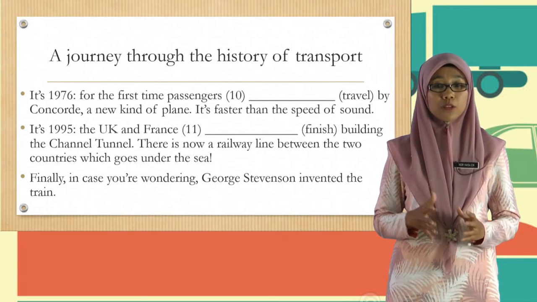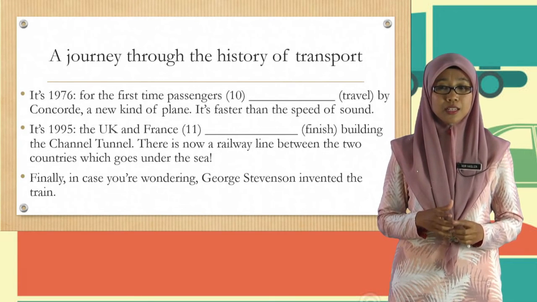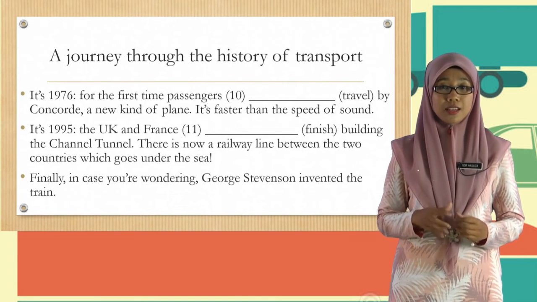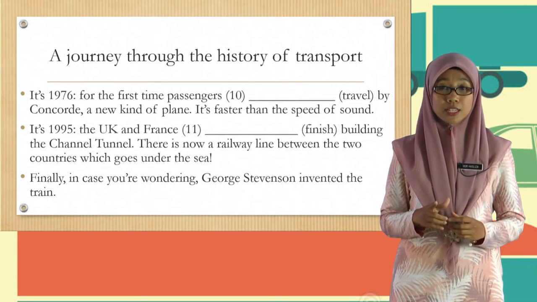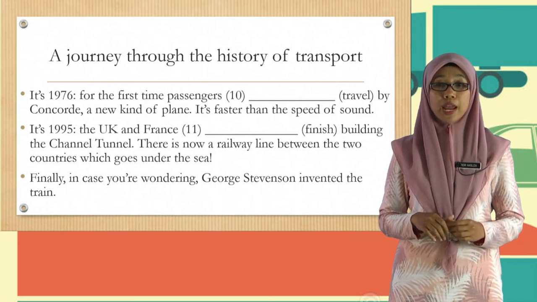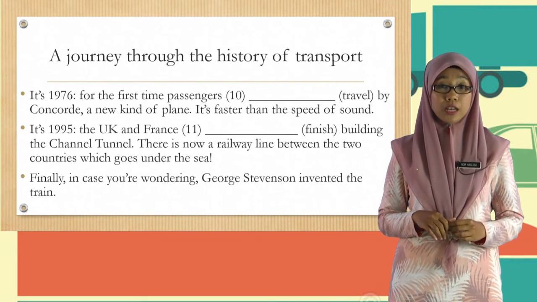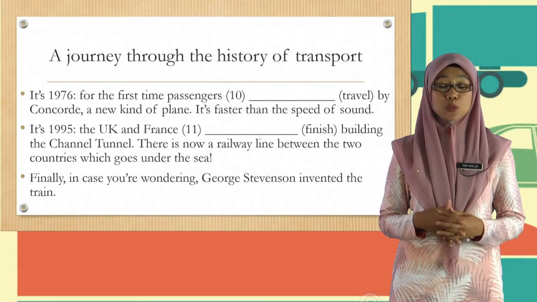Okay, now it's 1976. Okay, for the first time, passengers. Okay, the clue here, passengers. It is a plural noun subject. Okay, blank space in bracket we have the verb travel by Concorde, a new kind of plane. It's faster than the speed of sound.